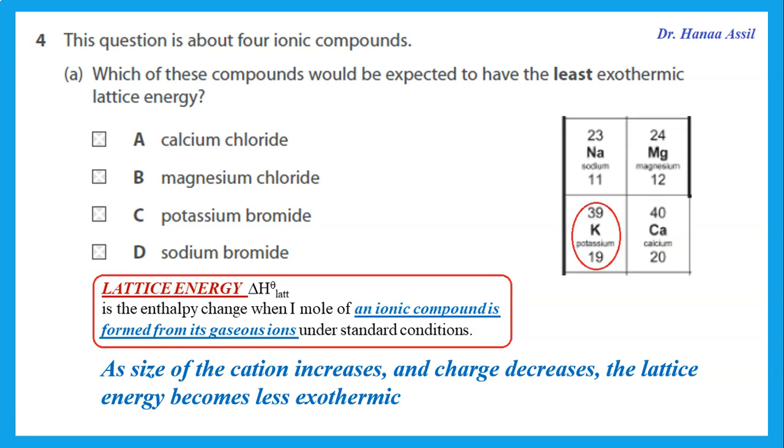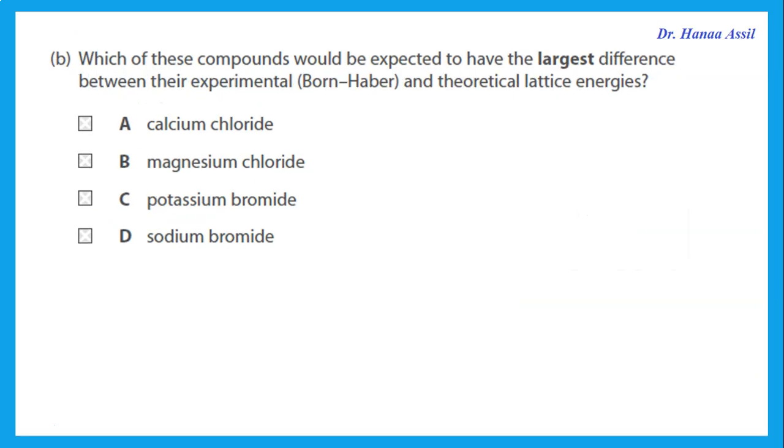Lower in charge means I want group 1, not group 2, so that it has only +1. Bigger cation would be the one down, so that would be potassium. So the cation is potassium, and the potassium bromide would have the least exothermic lattice energy among these choices.